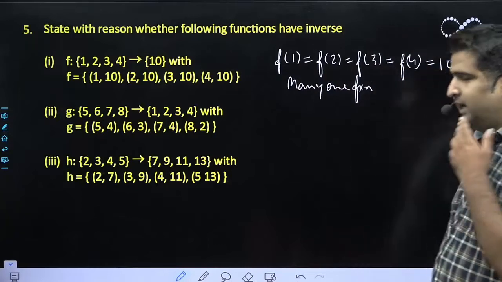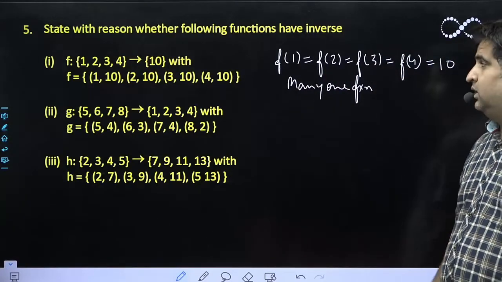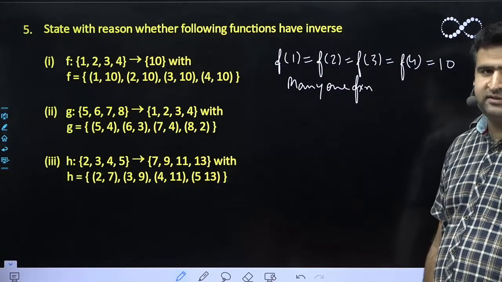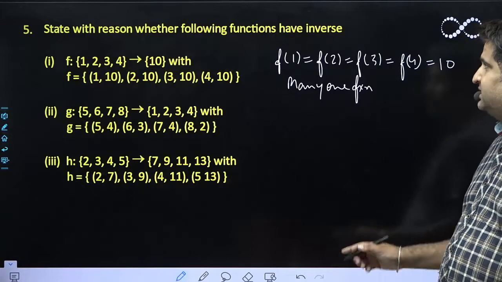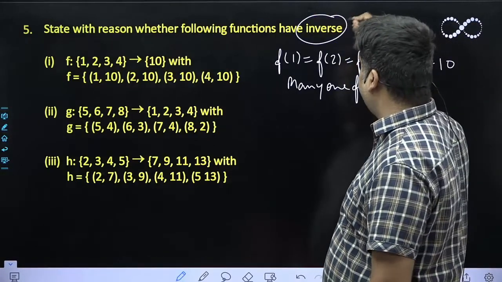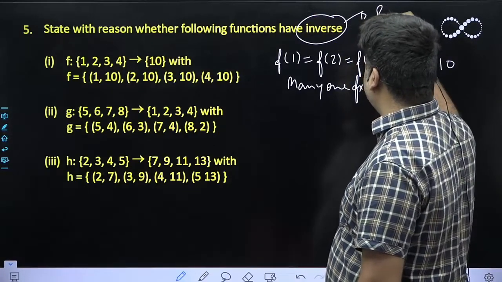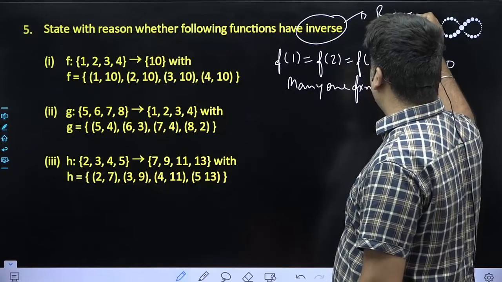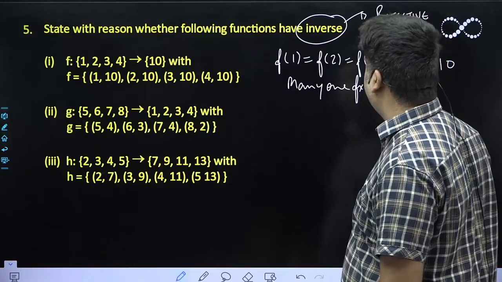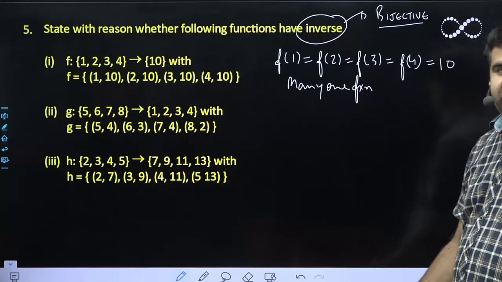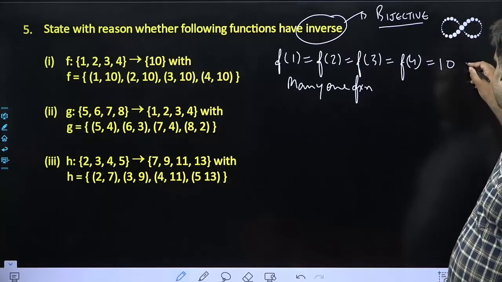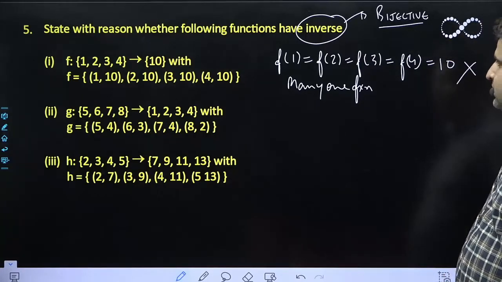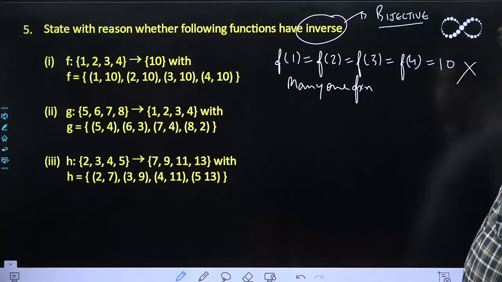Now we know that if function is many one function, then its inverse does not exist. For inverse to exist, this function should be a bijective function. Okay, which means it should be one-one and onto. But this is many one function, therefore its inverse is not possible.